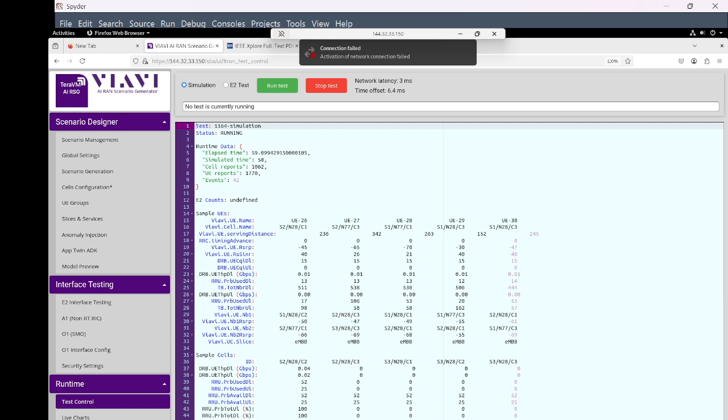This action also forces any connected user equipment to hand over to the appropriate, more active neighboring cells, as predicted by the machine learning approach, maintaining the network efficiency.